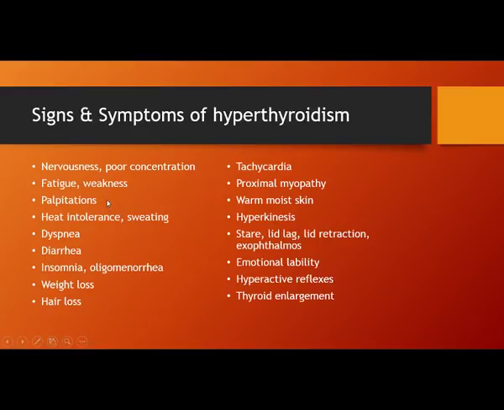They may have palpitations and tachycardia. They'll be heat intolerant, sweating. They'll possibly have dyspnea and maybe diarrhea. And they probably will have insomnia, and maybe oligomenorrhea, where they'll skip periods from time to time.